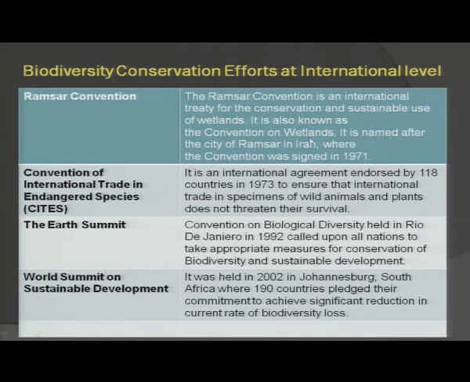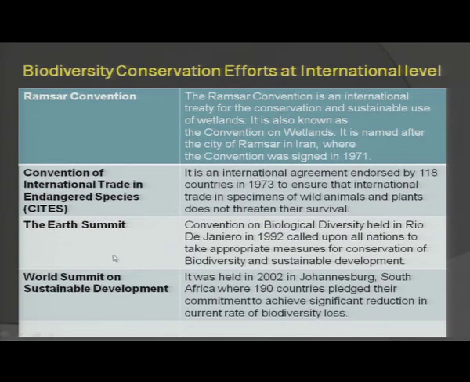But these wetlands are also under threat, and so is the biodiversity within them. Then CITES is the Convention on International Trade in Endangered Species. It was endorsed by 118 countries in 1973 to ensure that the international trade in plants and animals does not threaten their survival.